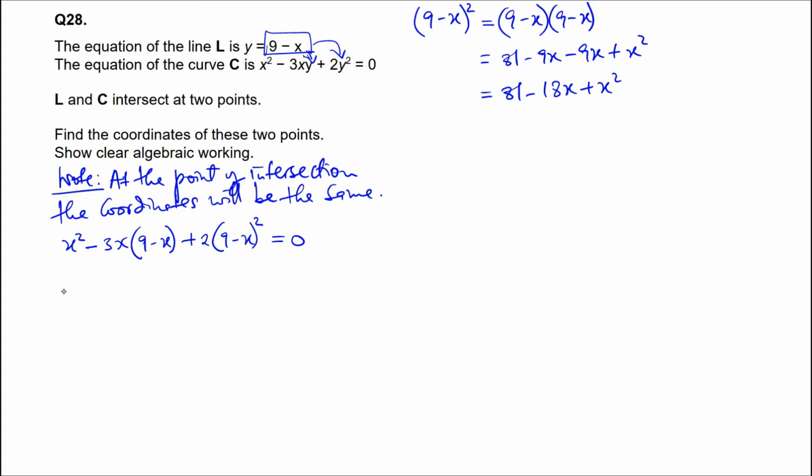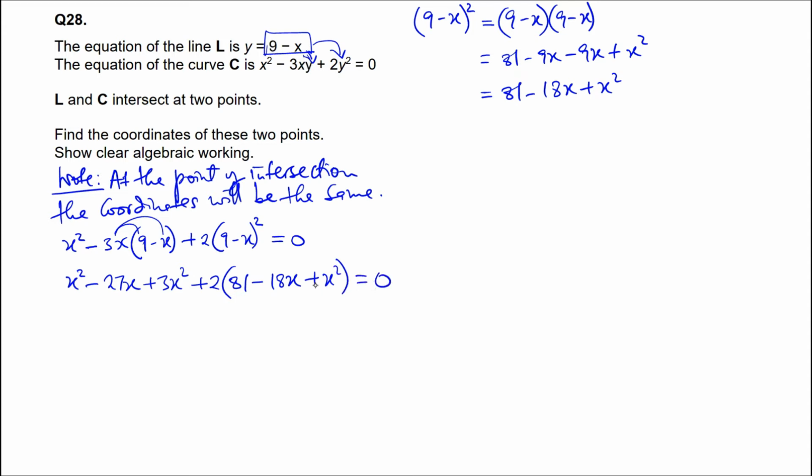So if we expand this, we'll end up with x squared minus 27x plus 3x squared if you just FOIL this, plus 2 into, and then I replace that with this, so 81 minus 18x plus x squared is equal to 0.